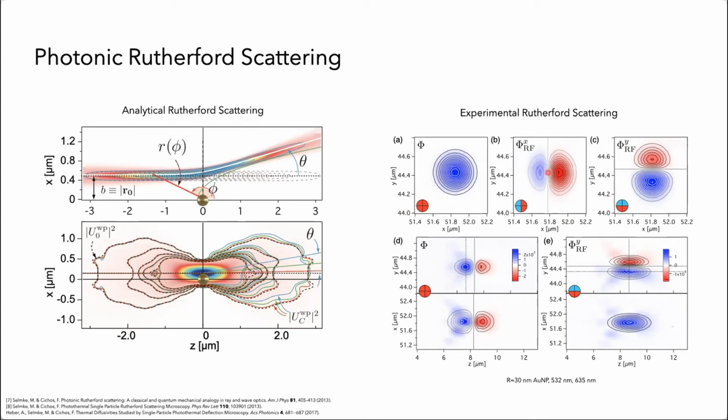That allows you to get even three-dimensional resolution of where your particle is in a Gaussian beam with the help of this deflection technique, which is very common in other systems, like optical tweezing, for example. So this is a great advantage which you have here in the photonic Rutherford scattering.